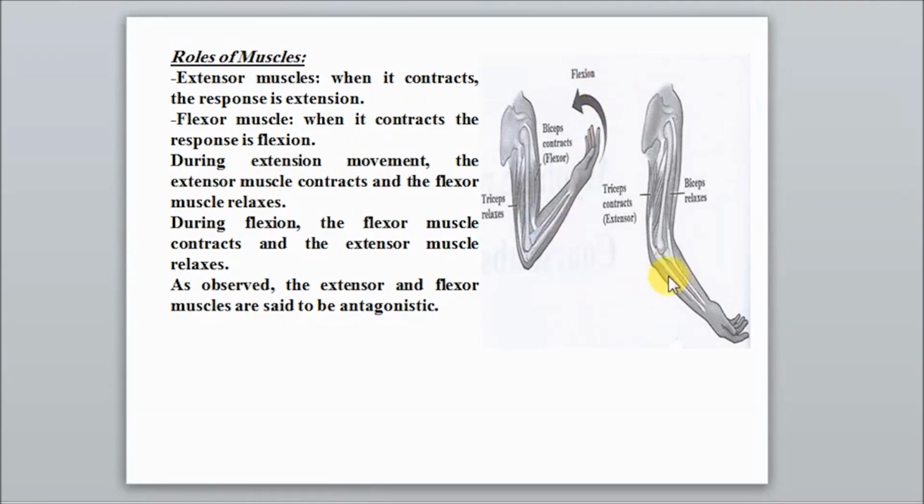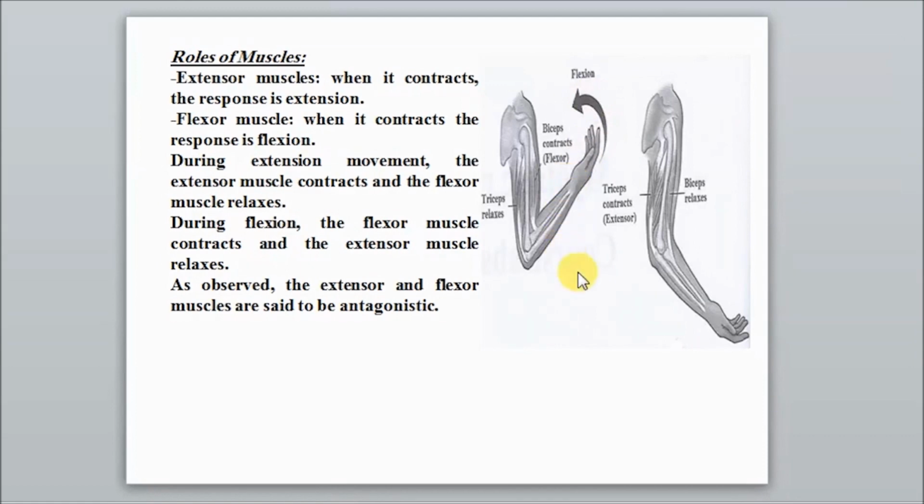This movement in the second figure is called an extension movement, in contrast to the one before, which was the flexion movement. Now, I want you to notice something here: the bicep muscle, which is the flexor muscle, was in a contracted state in the flexion movement.